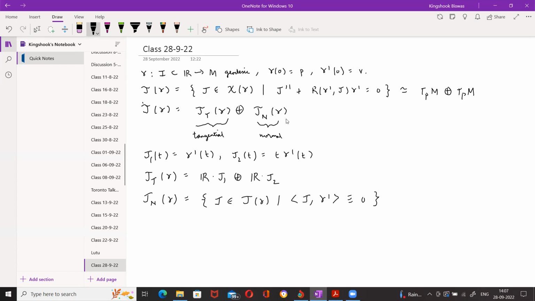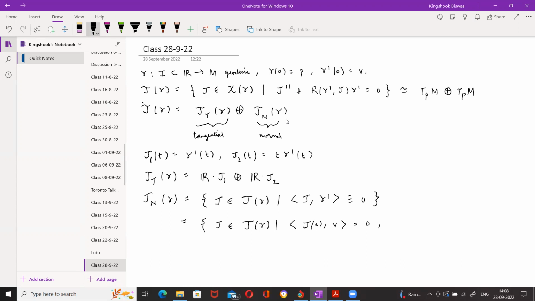And then we saw that this is equivalent to just saying that the initial value J(0) is perpendicular to the curve at time 0, so the inner product of J(0) and V is 0.